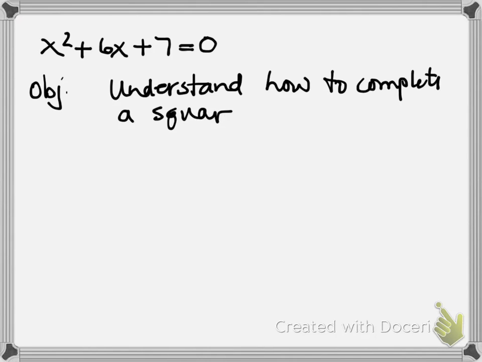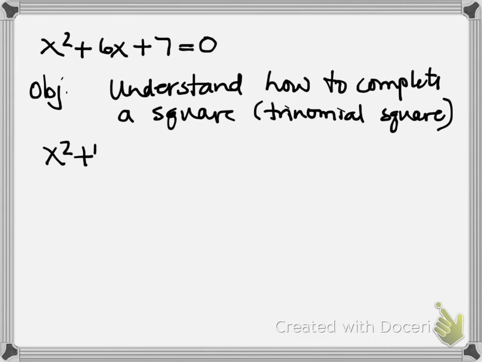Now, what they're talking about is a trinomial square. All right, so let's go back to this guy right here. So we're going to go through this process, then we'll write down the steps. So I've got x squared plus 6x plus 7 equals 0.